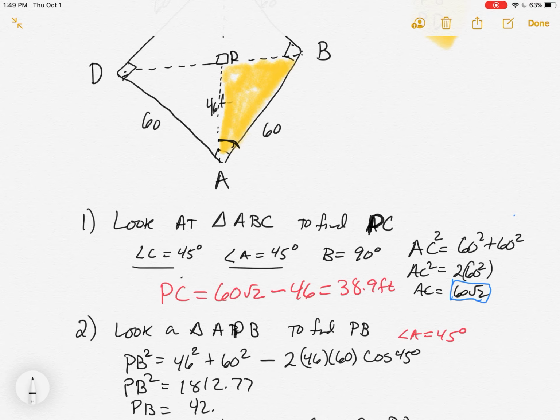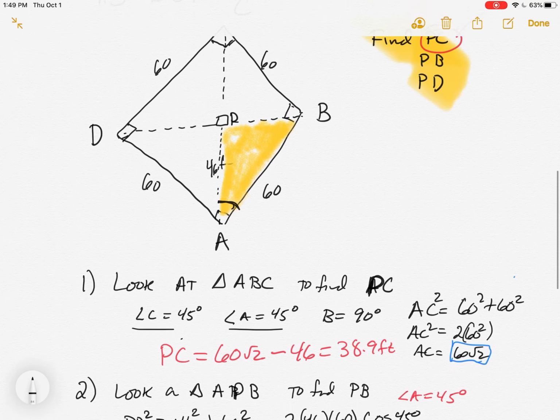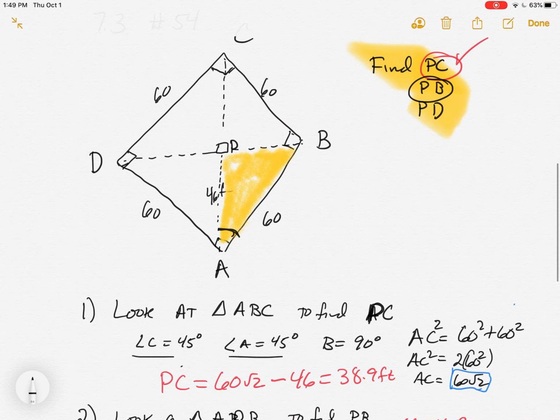Let's see what they have. Yeah, 42.6, that's where they round it, feet. So we got PB, the distance from the pitcher's mound out to first base.